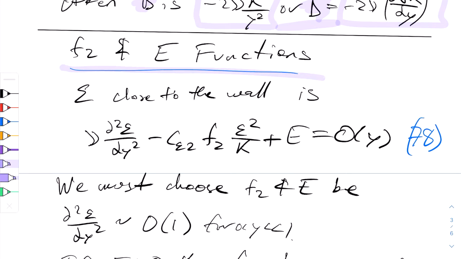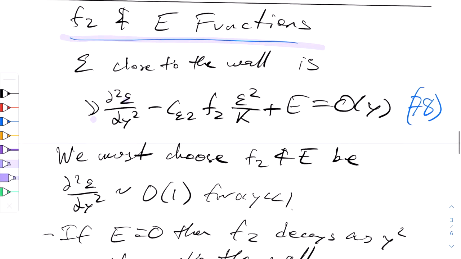Let's do this now. Epsilon close to the wall, that is not at the wall but very close to it, can be found from examination and simplification of the dissipation function equation. We'll have the viscosity times the second partial of epsilon with respect to y squared, which is dissipation, minus Ce2 f2 of epsilon squared over k, plus E is 0 of order y.